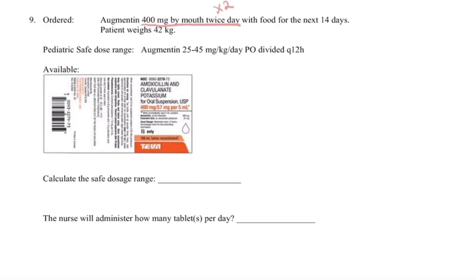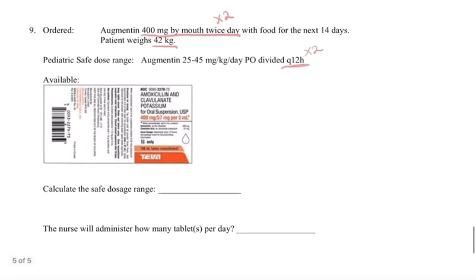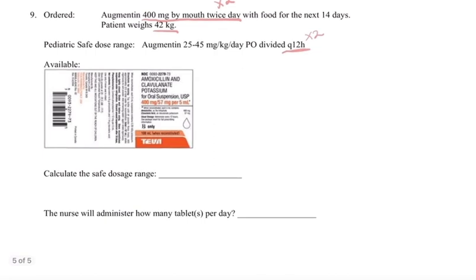You never want to forget that, because by the time you finish these math, you want to always remember that it did say times 2. And you see at the bottom where it says the pediatric safe dose range is 25 to 45 milligram per kilogram per day, PO, divided every 12 hours, and there is 12 hours in one day.